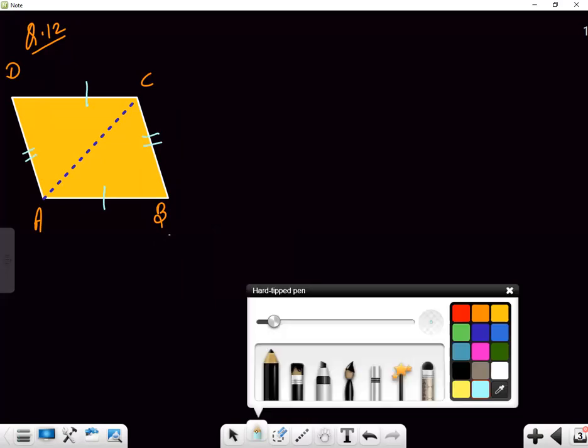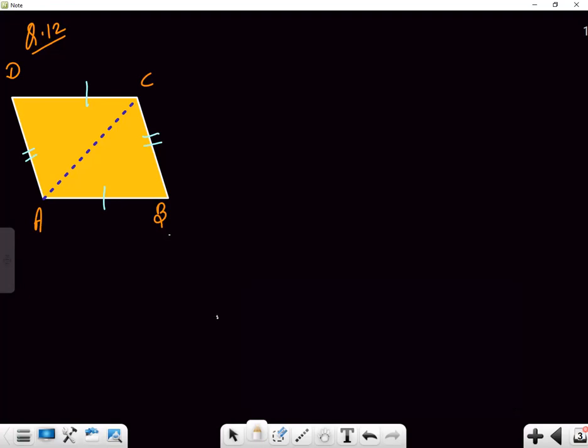Now you have to prove that there are two triangles. After joining the single diagonal AC, you will get two triangles, that is ABC and ADC.